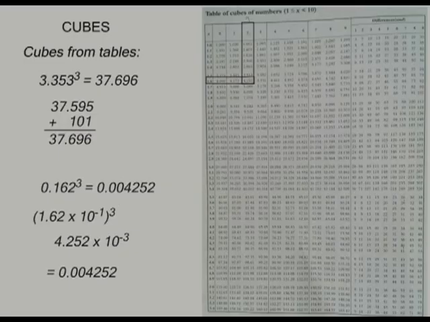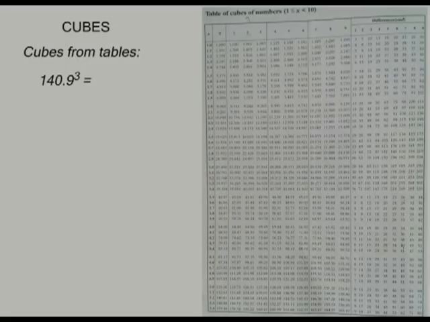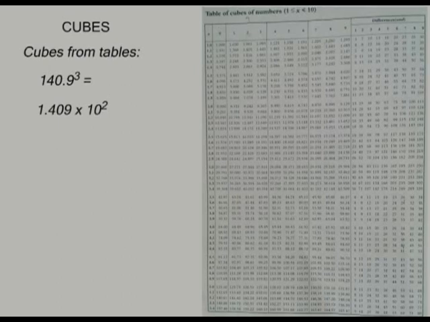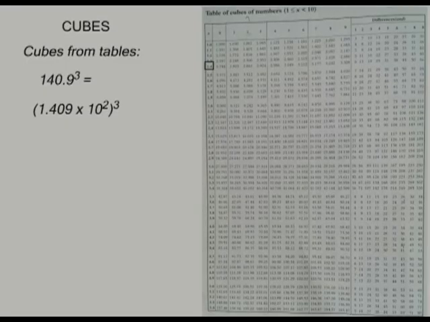Finally, the cube of 140.9. In standard form, that is 1.409 times 10 raised to power 2. And then everything cubed. First, the cube of 1.409. 1.4 is here, and next is 0.